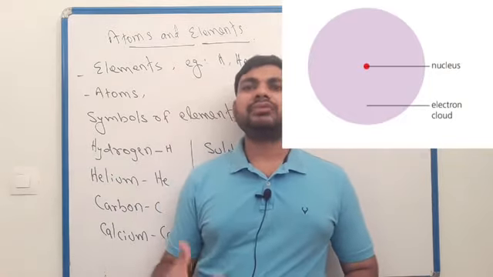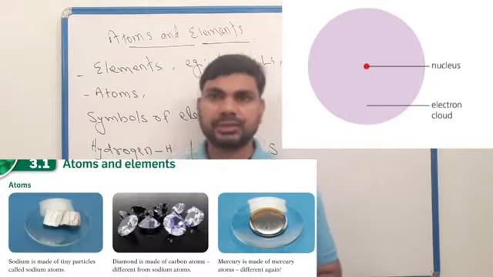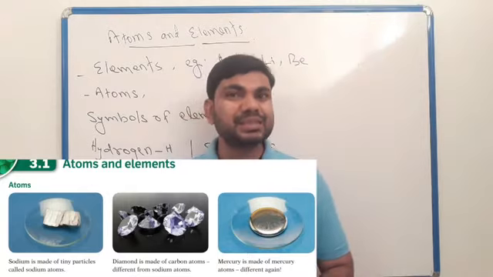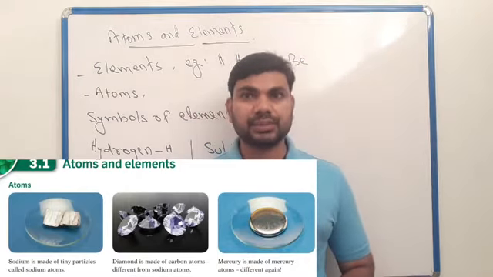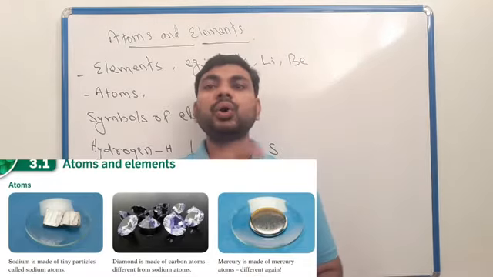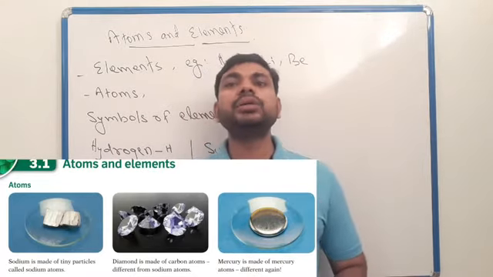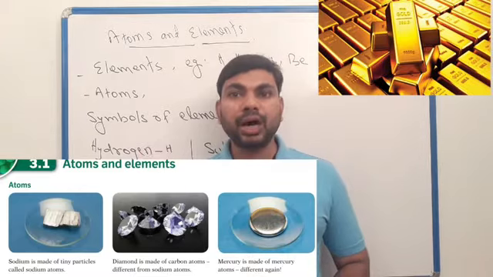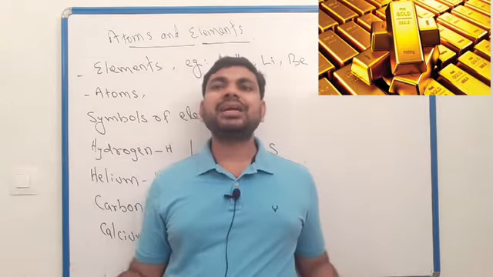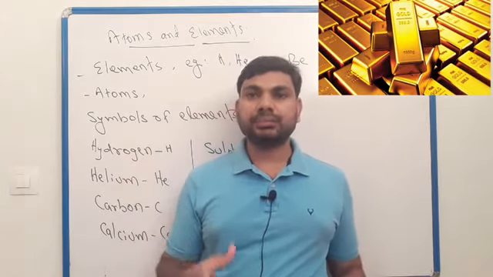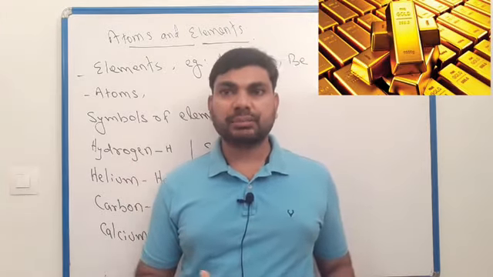Next we have to discuss elements. Elements are substances which consist of only one type of atoms. When you take a gold bar, this gold bar consists of only gold atoms, only one type of atoms.